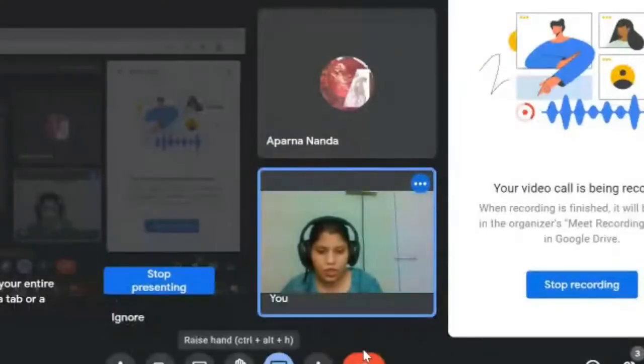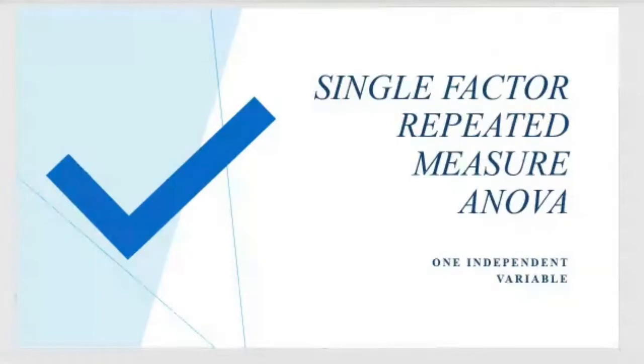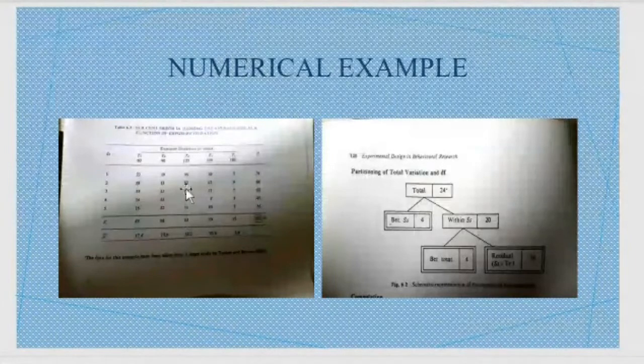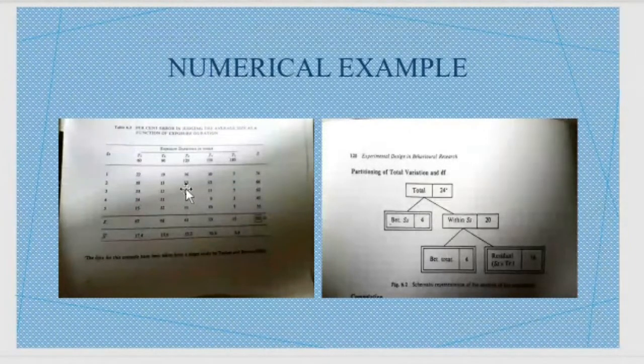Okay, fine. So let me start with a numerical example. Suppose I want to see the effect of one treatment on something, maybe on an achievement task. The treatment has five levels: T1, T2, T3, T4, T5.